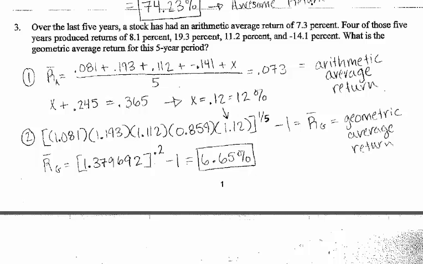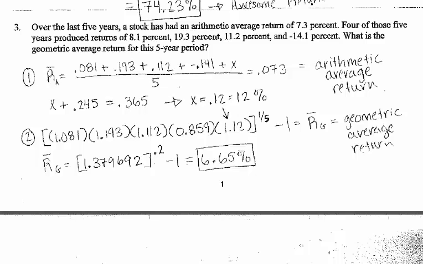And so what is it? Well, it is where you take 1 plus each of those values and you multiply them all, and then you're going to multiply them by an exponent of 1 over n. Okay?